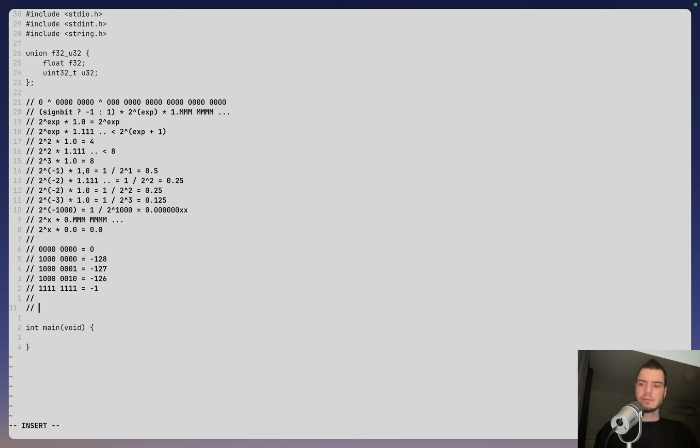So if we have some value, for example the value 1, the way we would get the actual exponent value is by taking the value 1, subtract our bias of 127, and we get minus 126.